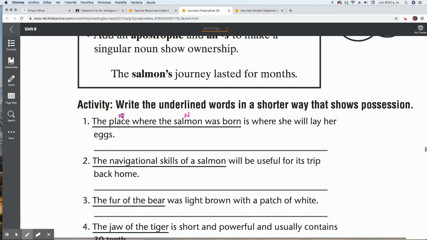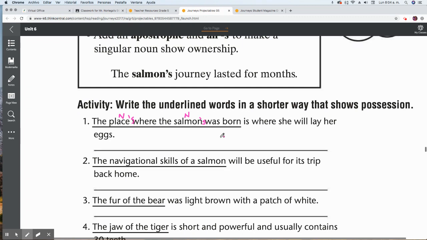Now which noun can become a singular possessive noun? Can we add apostrophe S to place, or can we add apostrophe S to salmon? Of course we can add the apostrophe and the S to both words, but which one will work better?